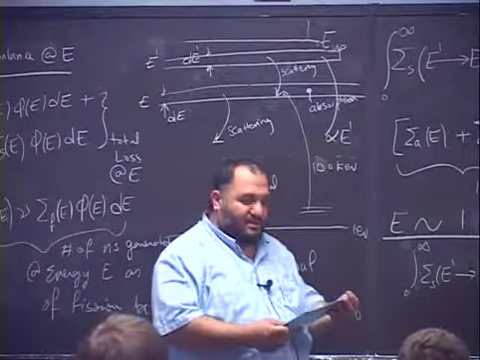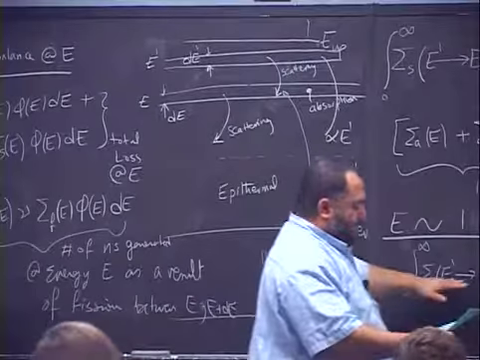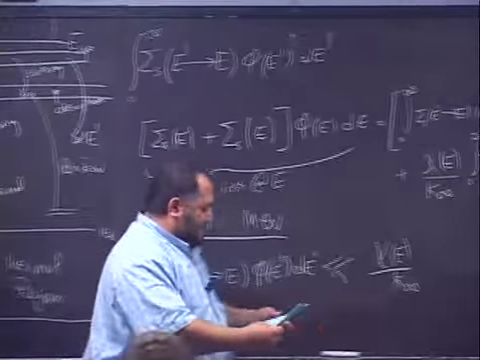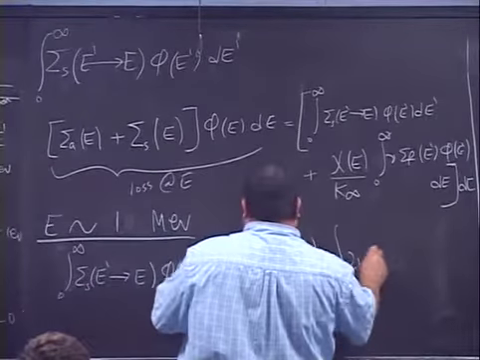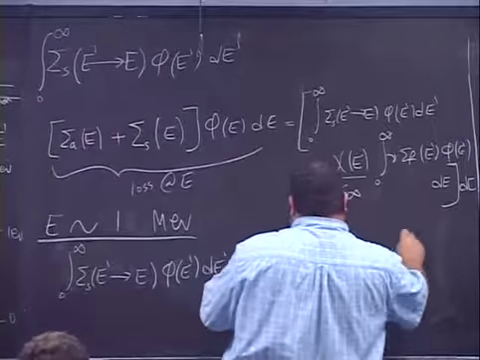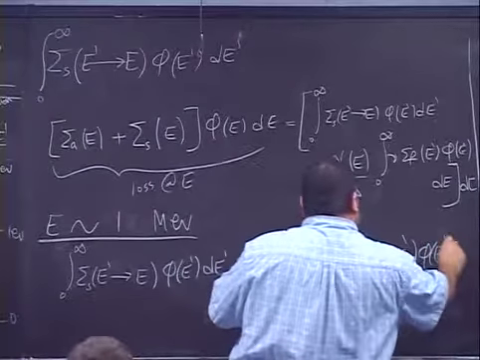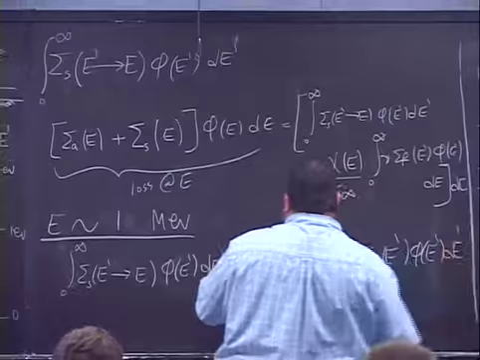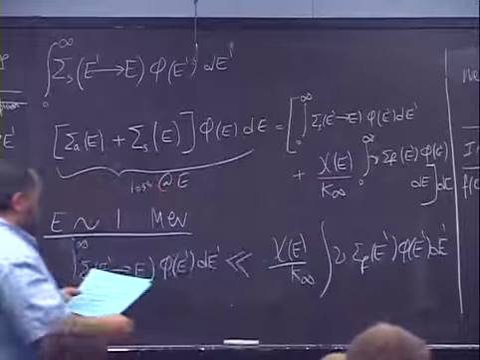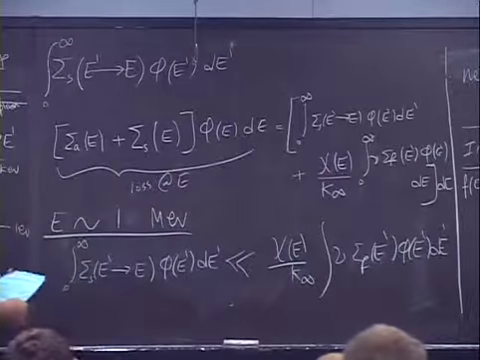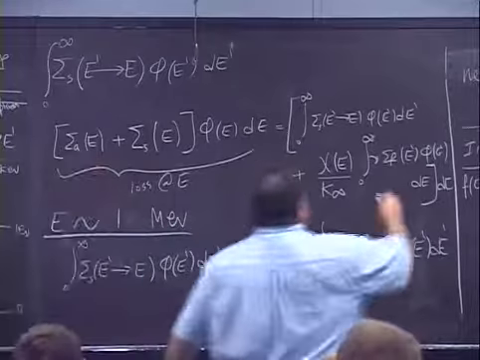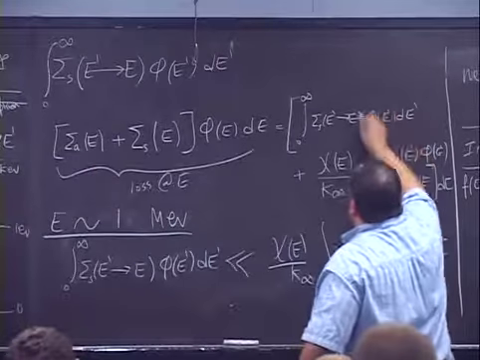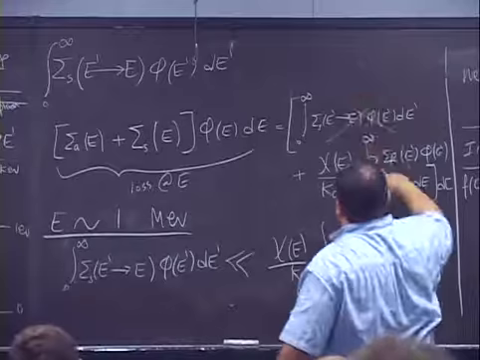Okay, guys? So this term is less than this term. So in this case, I can neglect this term, at the very, very high energy, with respect to this term.